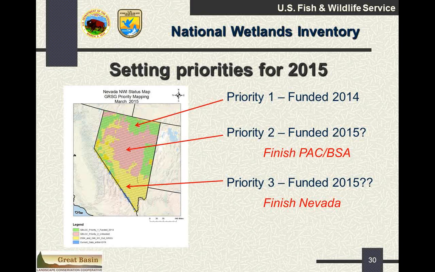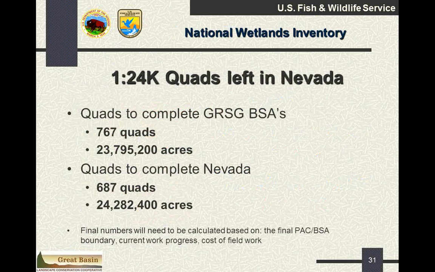Then I just wanted to talk a little bit about future funding and future priority setting. This map shows the first set of funded priorities in green, and then the second priority would be something that we would hope we could get funded in 2015. The last thing I have on here, priority 3, would be to finish the entire state with updated data, and we have developed some quad numbers and cost estimates for that.